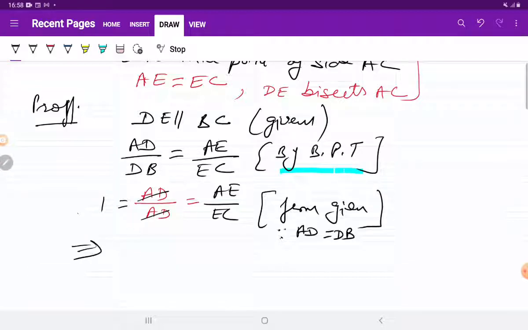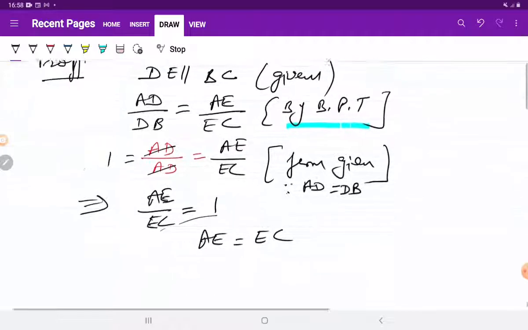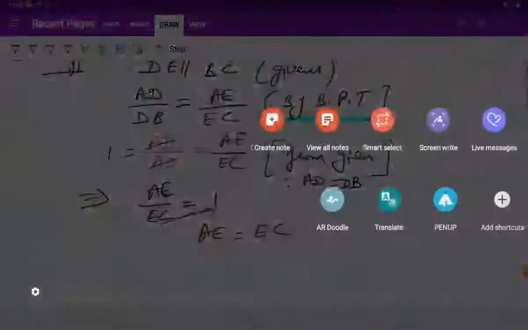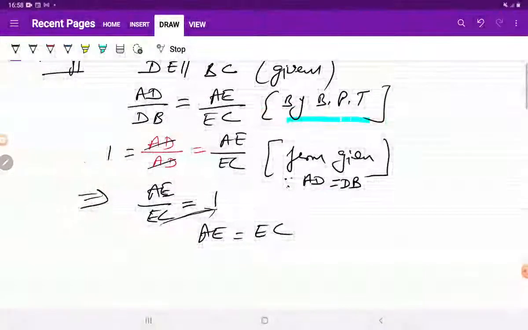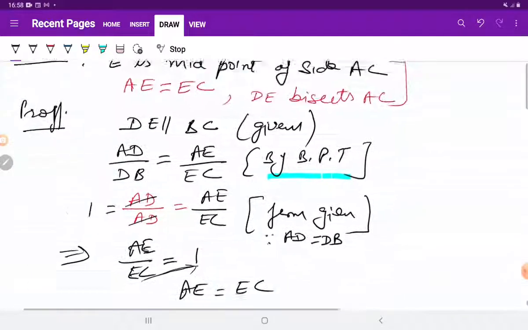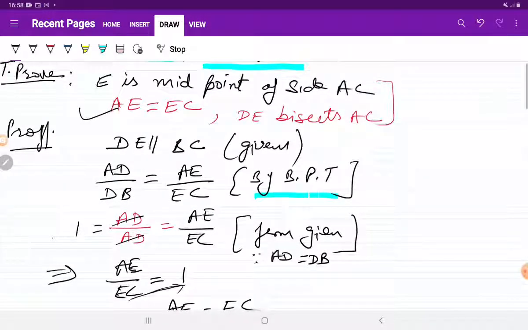So we got this result, AE upon EC is equal to 1, and by cross multiplying, AE is equal to EC. Okay, this we have to find. AE is equal to EC.